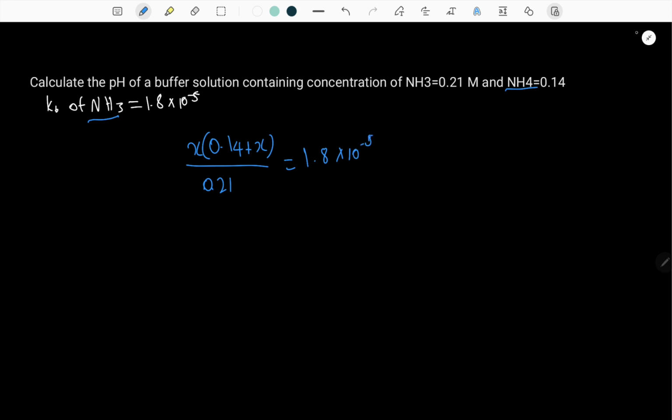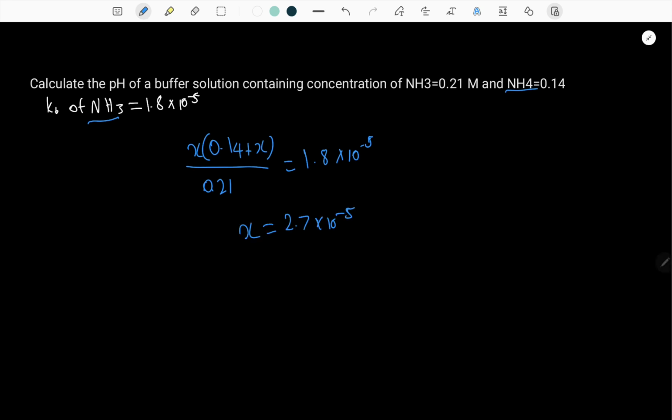Now you can solve for x. I like to do it on the calculator, as you can just do shift solve for x and you will get the exact value. Here the x value is 2.7 times 10 to the power of negative 5. Now remember, they're asking you the pH, so this is the concentration of the OH negative ion.